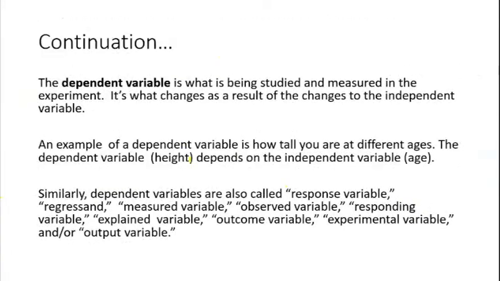Whereas the dependent variable is what is being studied and measured in the experiment. It is what changes as a result of the changes to the independent variable. An example of a dependent variable is how tall you are at different ages.